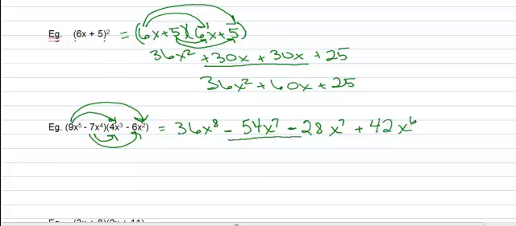Remember to go ahead and combine your like terms. And you're done.